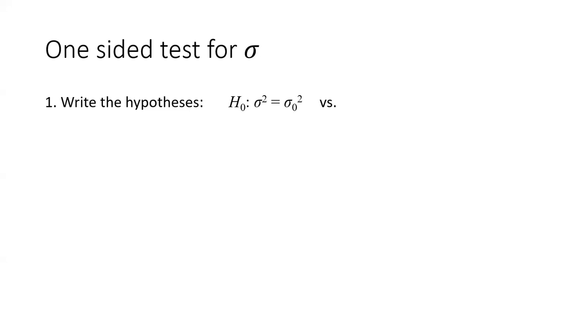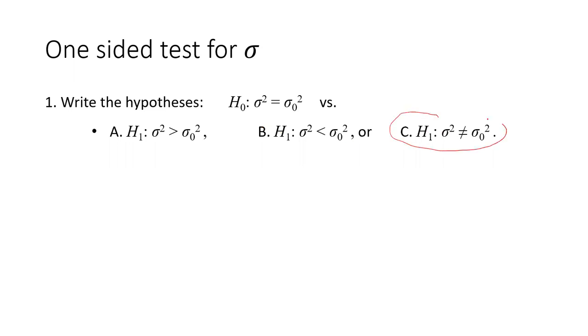Okay, so one-sided test for sigma. First, we know this part: how to test whether sigma is equal to sigma 0 or not equal to sigma 0. Now we will concentrate on whether sigma square is greater than sigma 0 square or smaller than sigma 0 square.